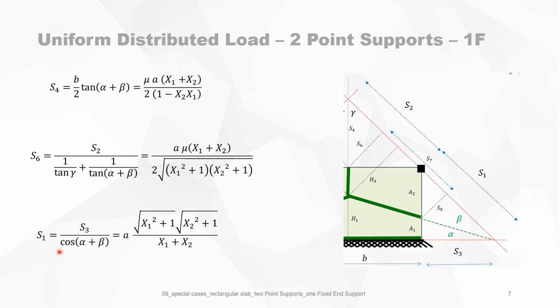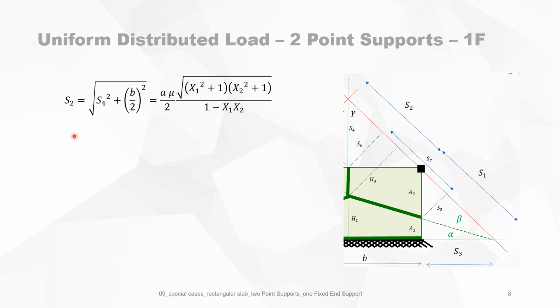And we can go on. Every variable can now be expressed in the parameters x1, x2 and mu. So we can go on with every one, for instance, tangents of alpha plus beta is, of course, equal to S4 plus A divided by S3 plus B over 2.